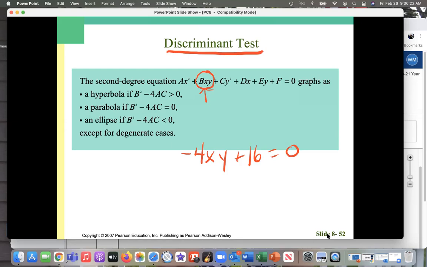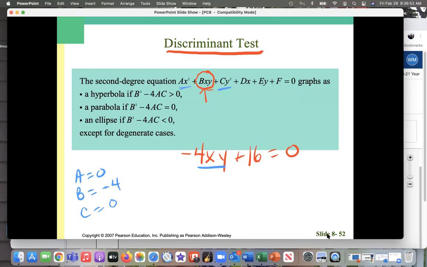Now, if we wanted to use our discriminant test to determine what type of conic section it is, and once again, you could graph it too, there's no x squared term, so a would be 0, right? B would be what? -4. That's our xy term. And since there's no y squared term, c would be 0, wouldn't it? So I'm identifying what these values are for this discriminant.